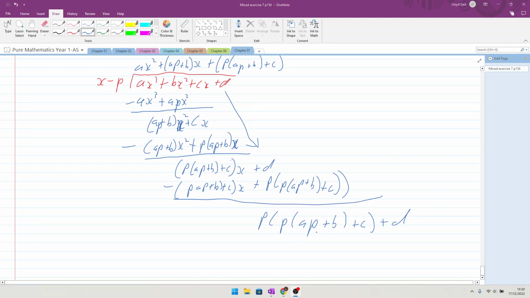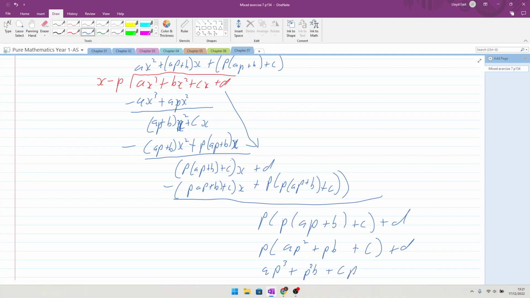Let's get all of that tidied up a little bit. So, multiply out the first bit, p times ap squared plus pb plus c plus d, and then finally ap cubed plus pb squared on the p plus cp plus d.